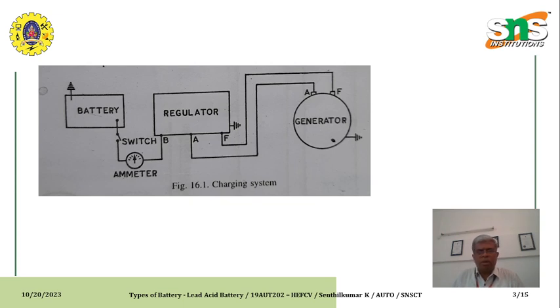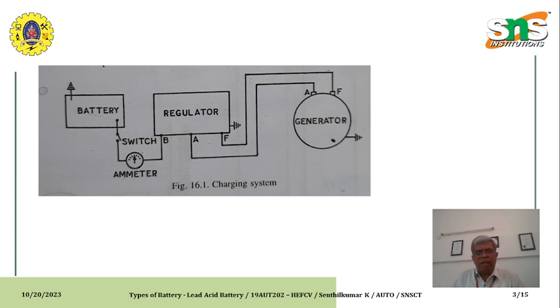We do not charge the battery directly, so we use a regulator. The regulator regulates the voltage. For example, if the voltage of the battery is lower than the producing current, the regulator permits the battery to charge.